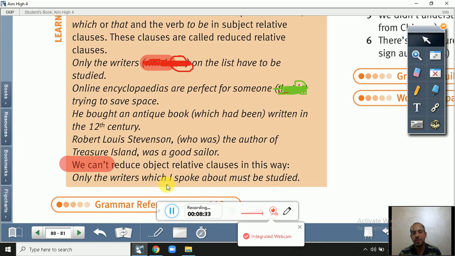So which refers to the writers, but which relates to the object, because the writers I spoke about. So I is the subject and writers will be the object. So I cannot reduce, delete, or omit this relative clause.